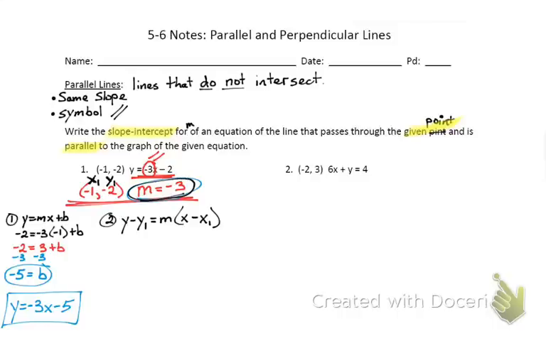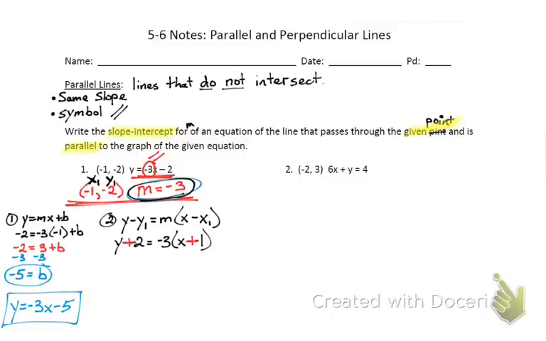So we could just plug this in and say y minus -2 equals -3 times x minus -1. And again, both of these minus negatives we know we're going to turn into just a plus. Minus a negative is plus. So we really just have y plus 2 equals -3 times x plus 1.